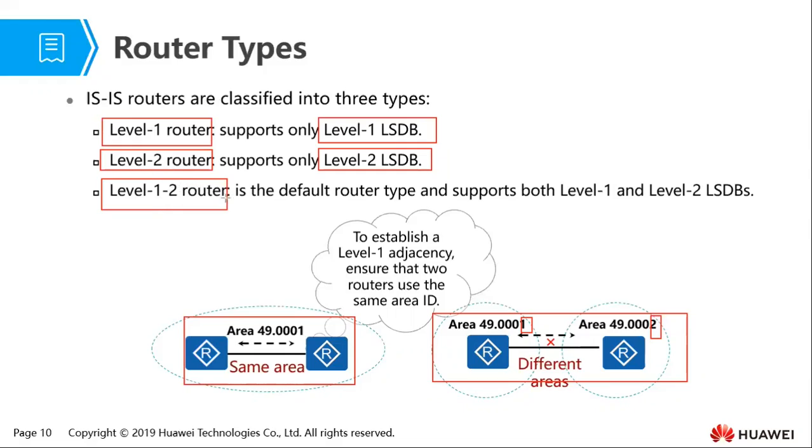And level 1-2 routers will have both the level 1 and the level 2 LSDBs. It is important to mention that when you configure a router with IS-IS, it will by default take the level 1-2 router type, unless you change the IS level to either level 1 or level 2.